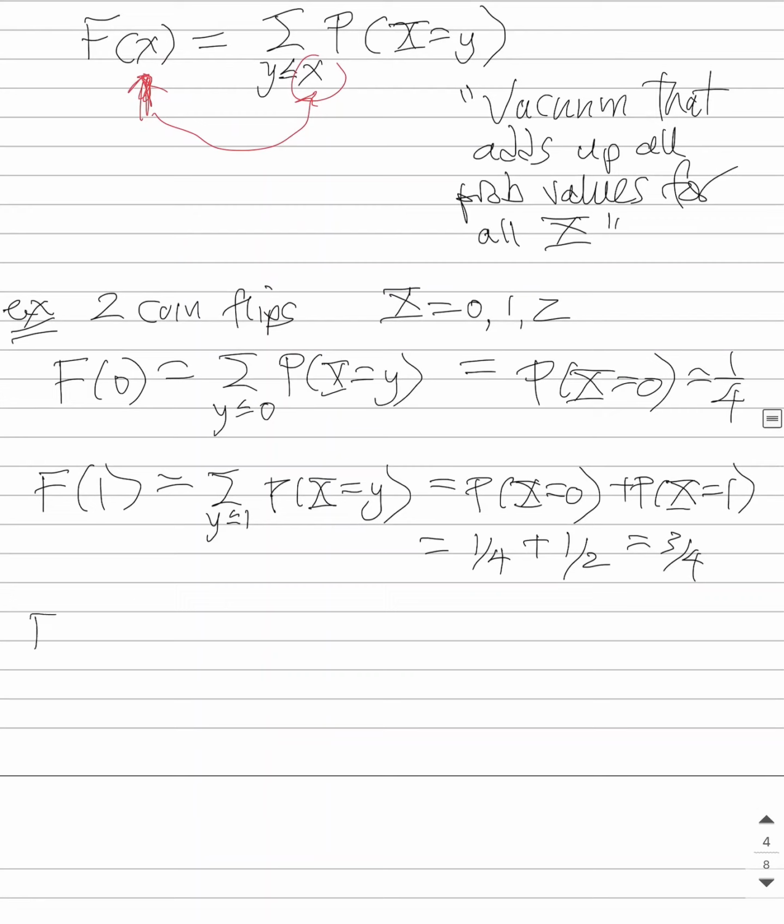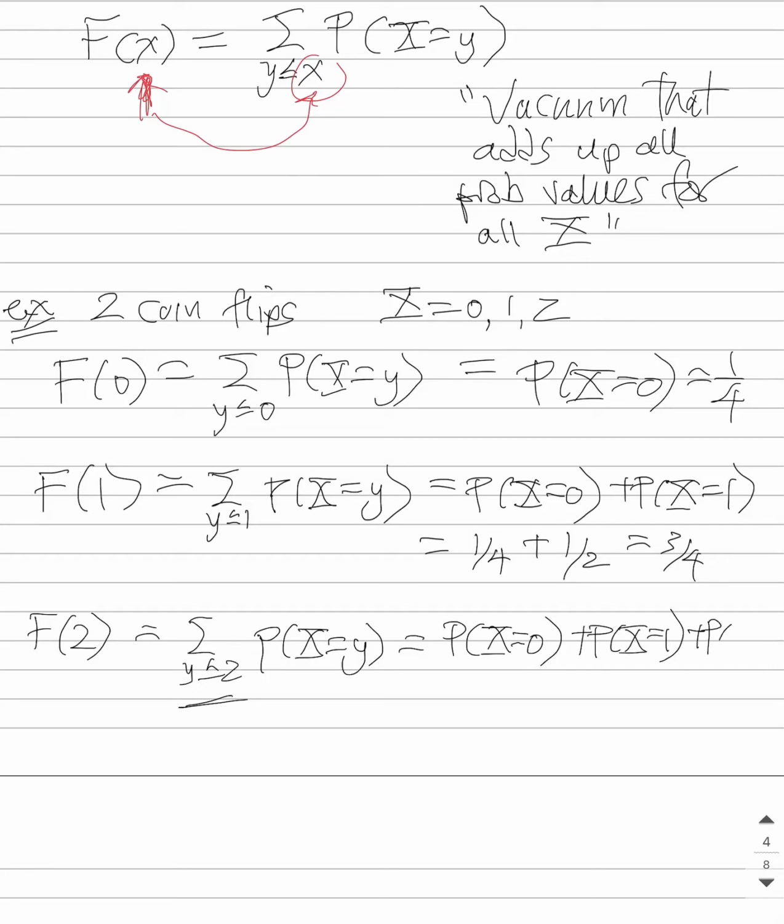Now, in this simple experiment, f of 2 would be the final value, and it would say sum up all of the probability outcomes when x is a number less than or equal to 2. Well, in our experiment, we would get these three values adding.